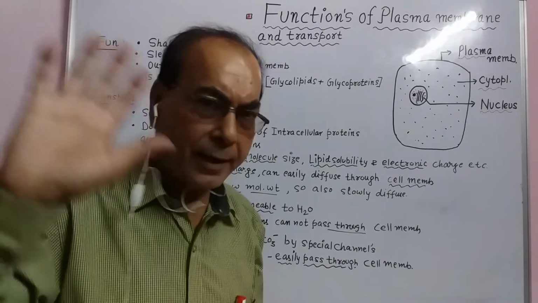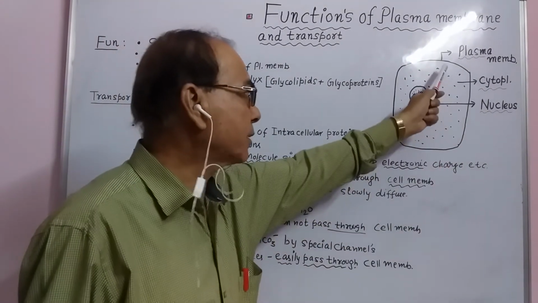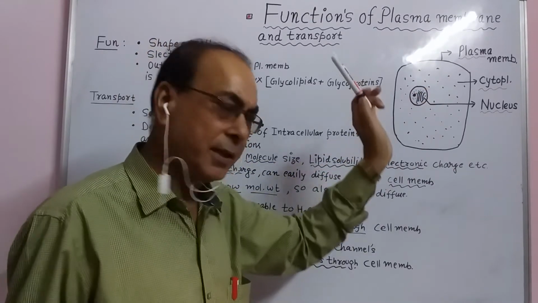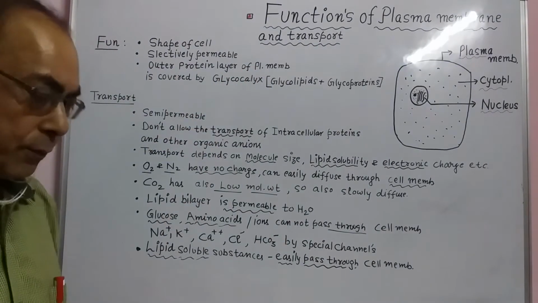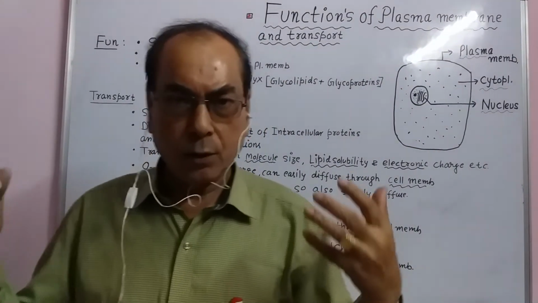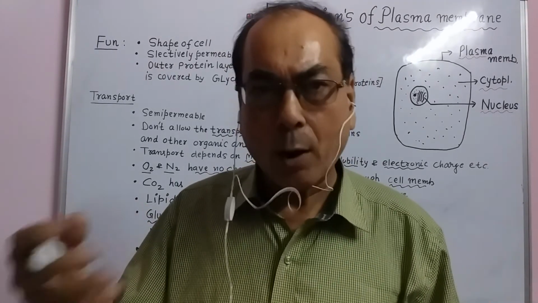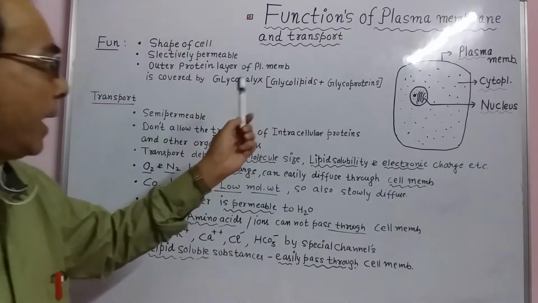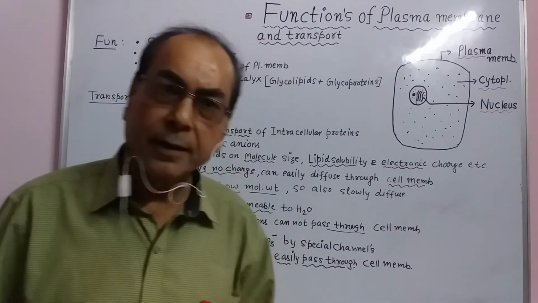We have not shown any other part of the cell, just these three parts: the plasma membrane, cytoplasm and the nucleus. So I think you might have got some clarity about how the transportation across the plasma membrane takes place.